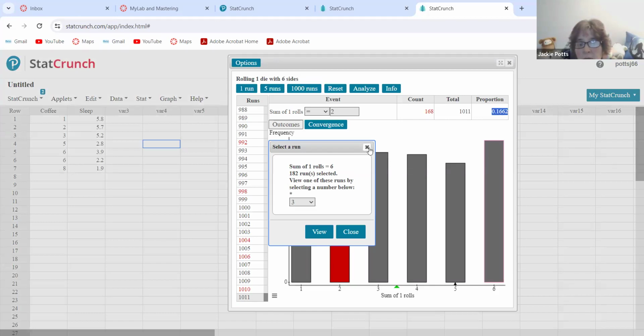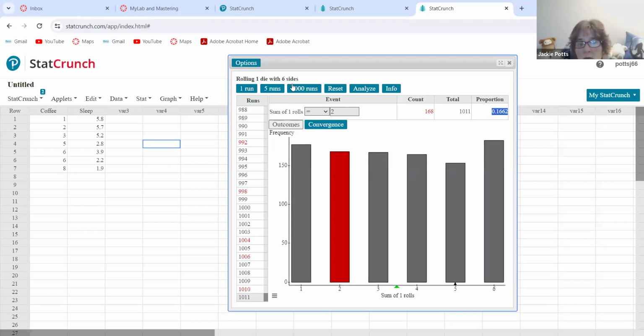All right. Let's do another 1,000. Went over a little bit, but look at how the bars are coming more and more even. Let's do another 1,000. Notice I'm almost there. 0.167, 0.168, 0.166.